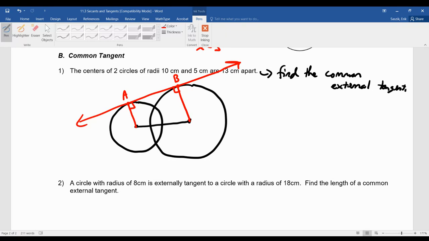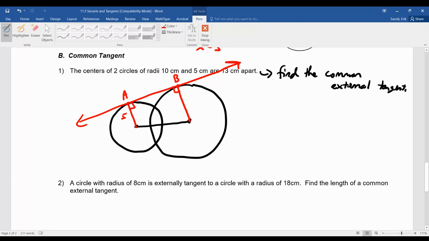So if you've drawn this correctly, these 2 radii should look parallel because these 2 segments are both perpendicular to the same line. They are parallel, all right? Now remember, we know that this distance is 5 because we're told that small circle's 5, big circle's 10. Now I'm not going to label that yet.